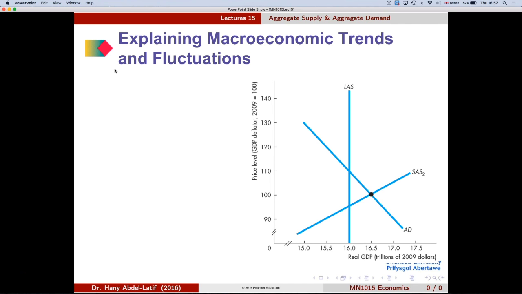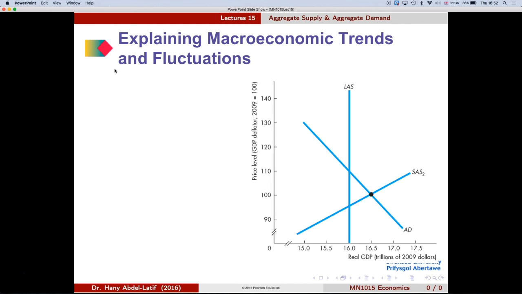Does anyone know? Again, it's the intersection between the aggregate demand and the long run aggregate supply. So basically this should be the long run equilibrium, here. As I said, the short run equilibrium can happen before, at exactly the potential, or beyond or above the potential.